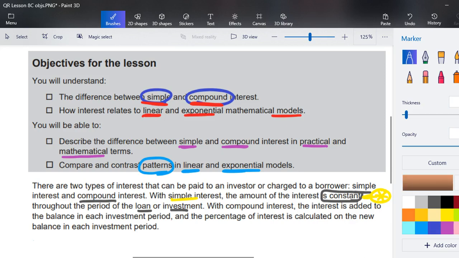However, with compound interest, the interest is added to the balance in each investment period, which could be monthly, weekly, or annually, and the percentage of that interest is calculated on the new balance in each investment period. So a whole lot more is going on with compound interest, where you keep adding back to the balance each investment period.